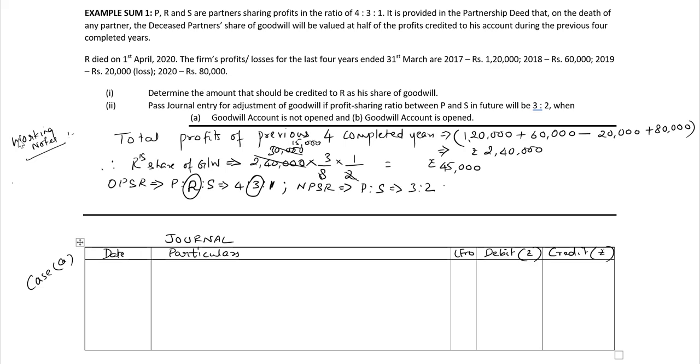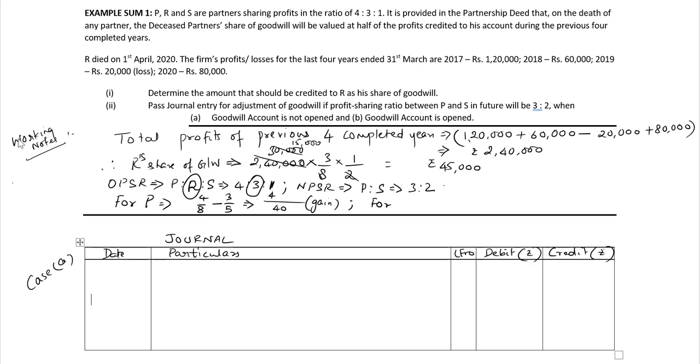So let's get the gain for partner P. Old share 4 divided by 8 minus new share 3 divided by 5. Four divided by 40 gain.